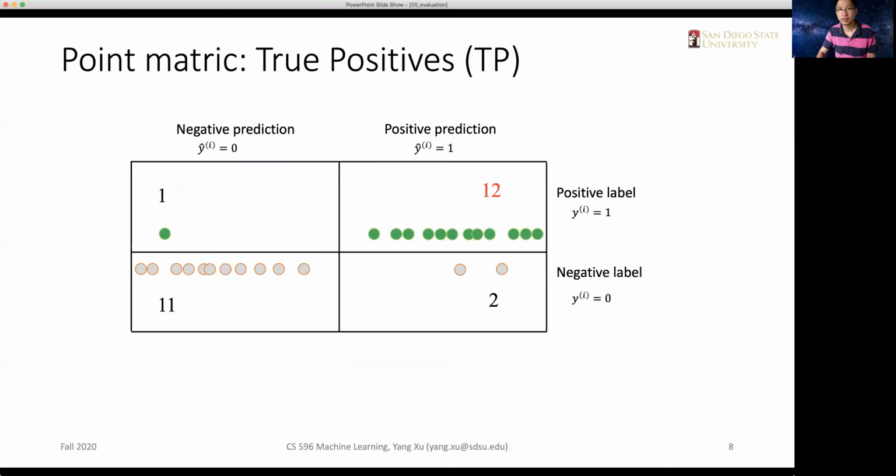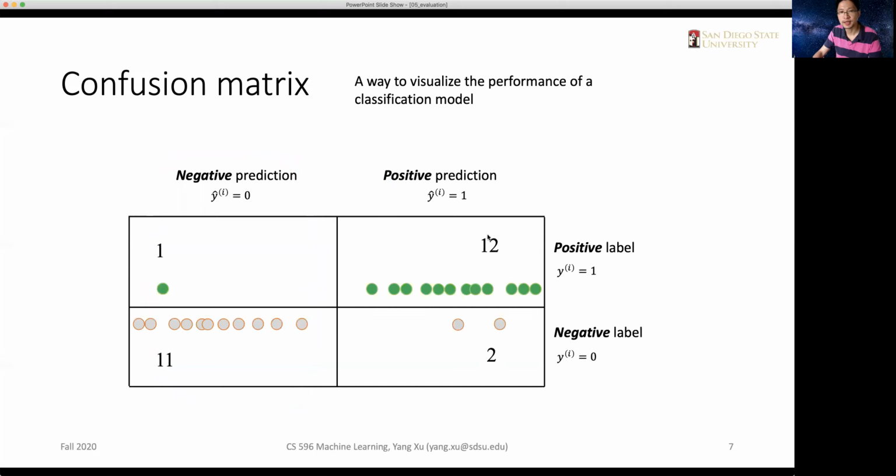So the number here, 12, means that there are 12 data points that are actually positive and are also predicted as positive. So it's basically the correct prediction. And so is this section. The 11 gray points here are actually negative, and they are also predicted as negatives.